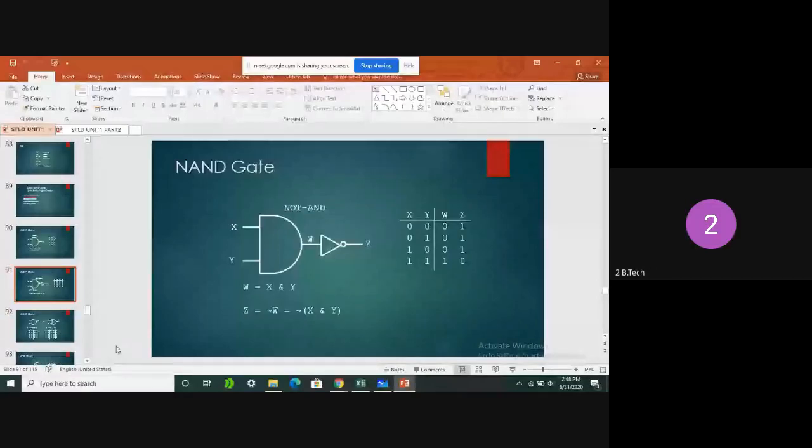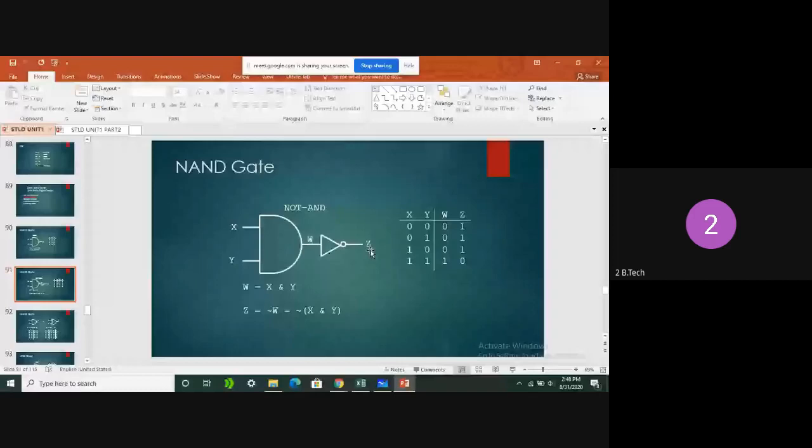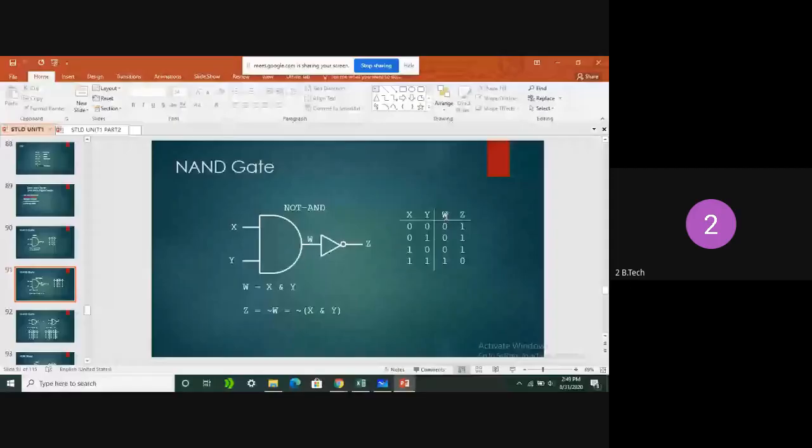So clearly we mention the NOT gate and AND gate here. See here, Z will be the final output of the NAND gate. The inputs are X and Y, and W will be the output of the AND gate. Clear, all of you?